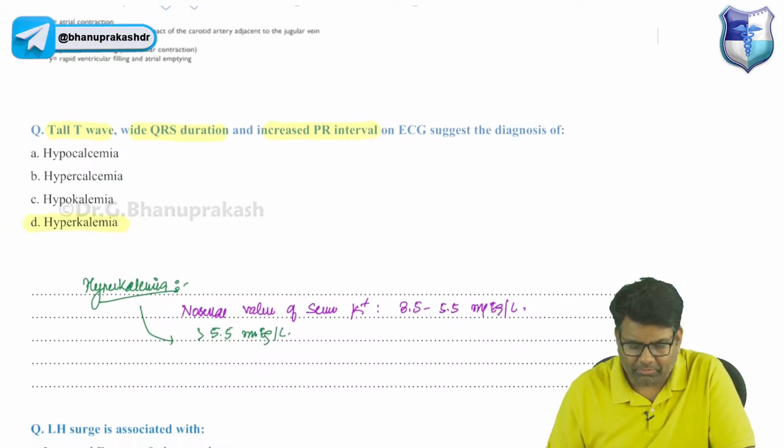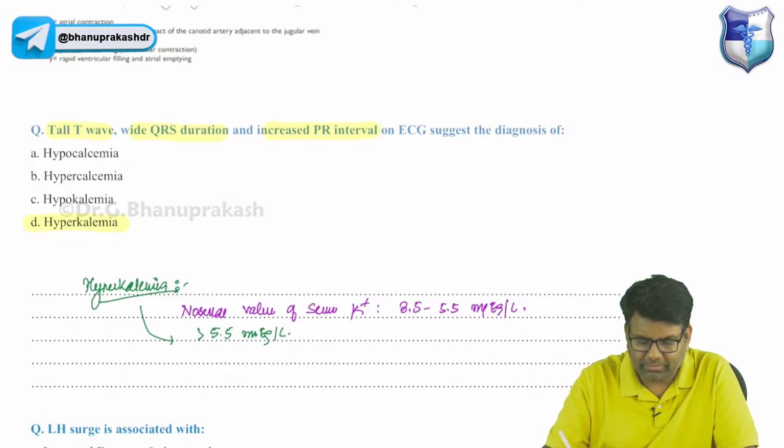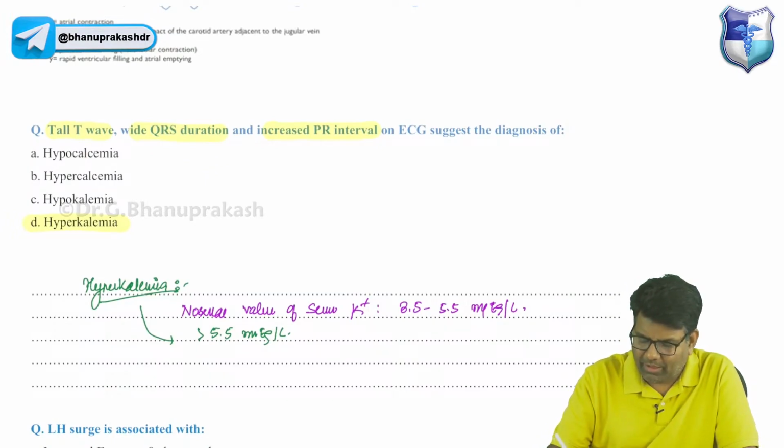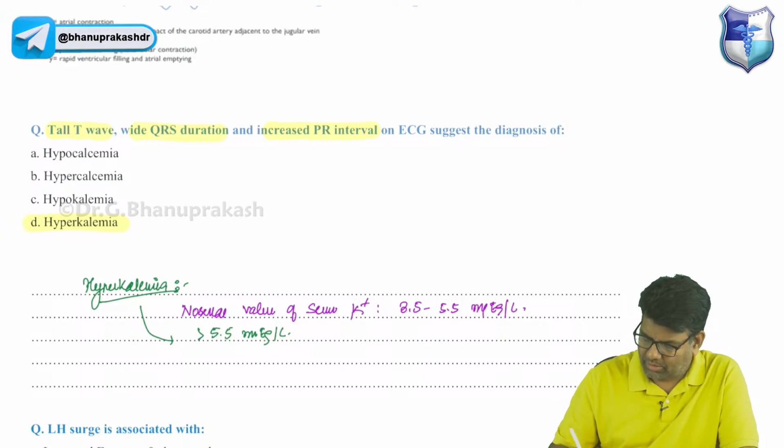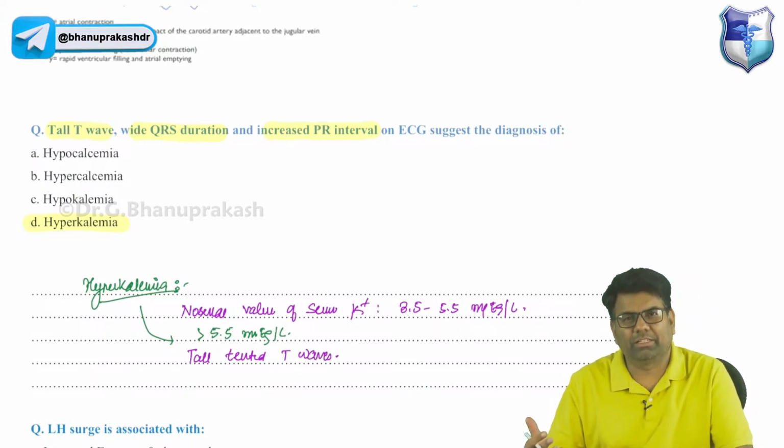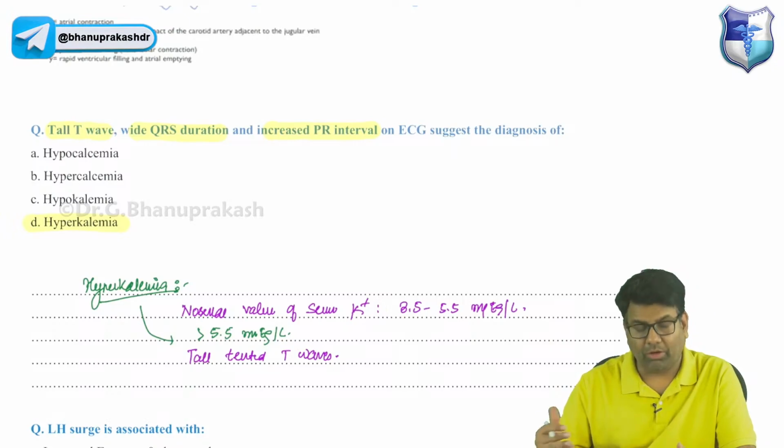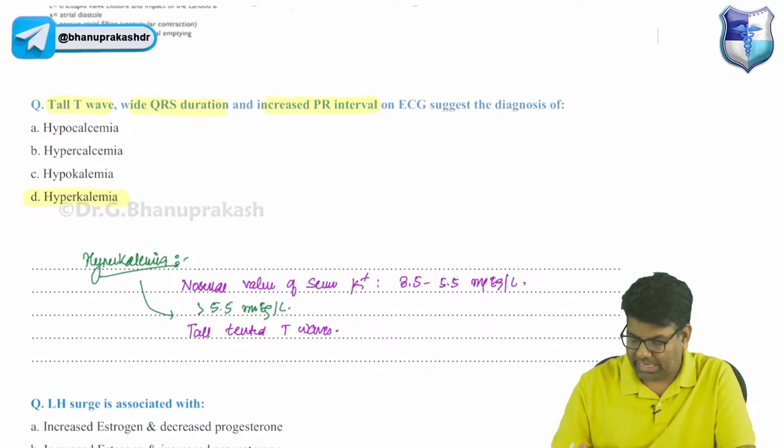Good, Raghu, good. Now, as soon as the value increases, there are tall tented T waves. So this is in fact one of the earliest manifestations on ECG in a case of hyperkalemia.